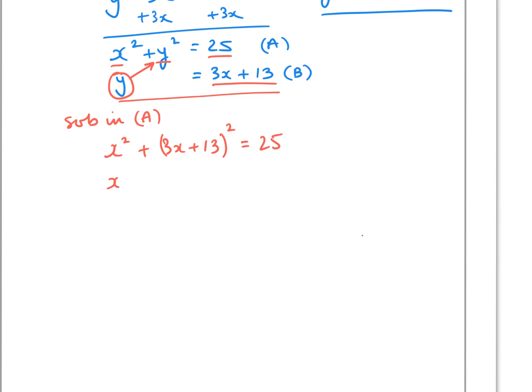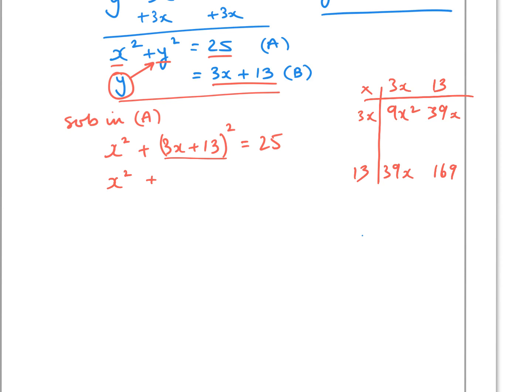So we'd have x squared plus, well, if you want to square this bracket, we can do a little grid if you want. Then we'd have 9x squared, 39x, another 39x, and then 13 13s are 169. So we'd have 9x squared, 78x, plus 169 equals 25.